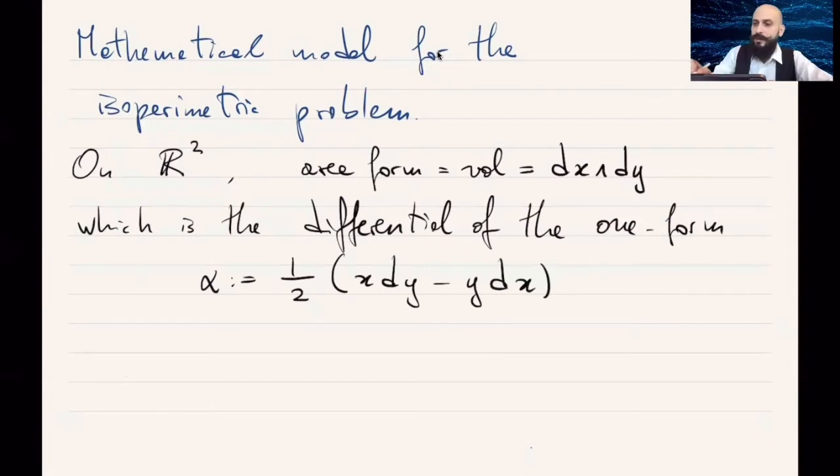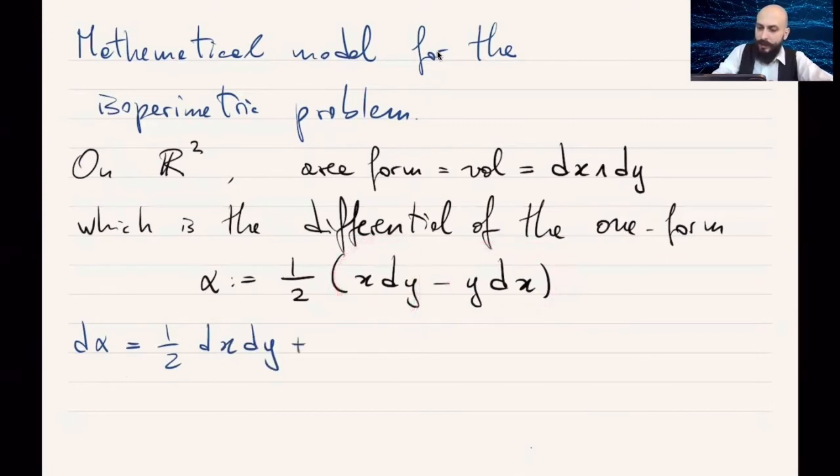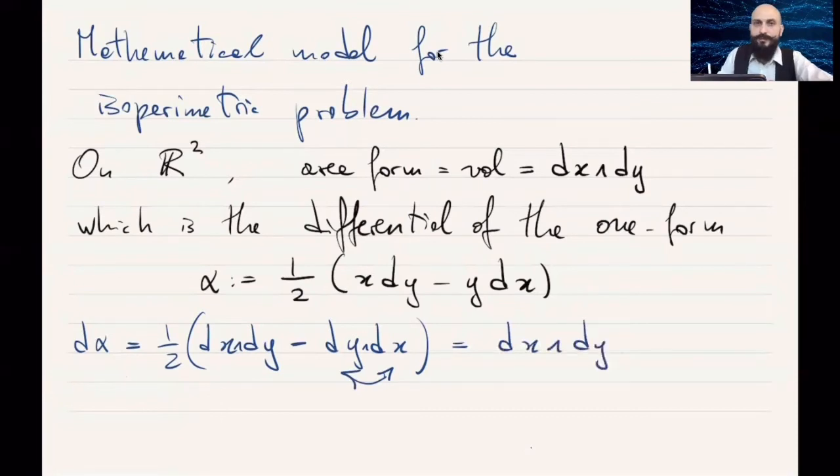So if I differentiate alpha, then I have 1/2 dx wedge dy, differentiating this part, plus dy wedge dx from differentiating the other part. Now this is a minus, and if I invert these two, I get twice the same thing with a half in front. I get dx wedge dy, which is the volume form.